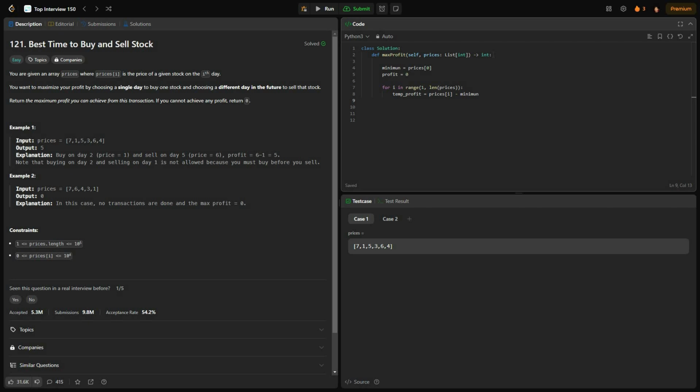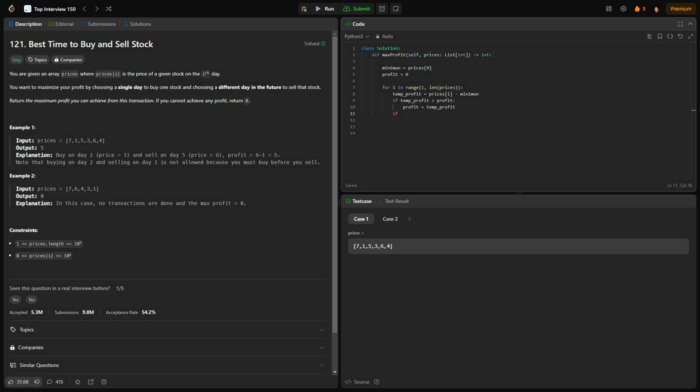If the temporary profit is greater than our current profit, in that case we are going to replace the profit value with the temporary profit, so profit equals temp profit.